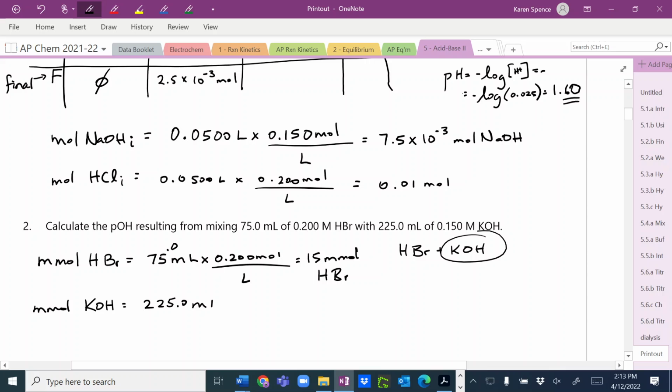Milliliters of 0.150 moles per liter. 225 times 0.15 is 33.75 millimoles. Now these react in a 1-to-1 fashion, yes? 1-to-1. So who is used up completely? HBr is used up completely.